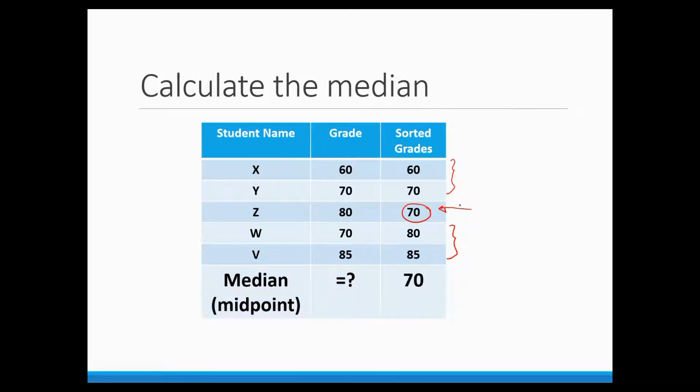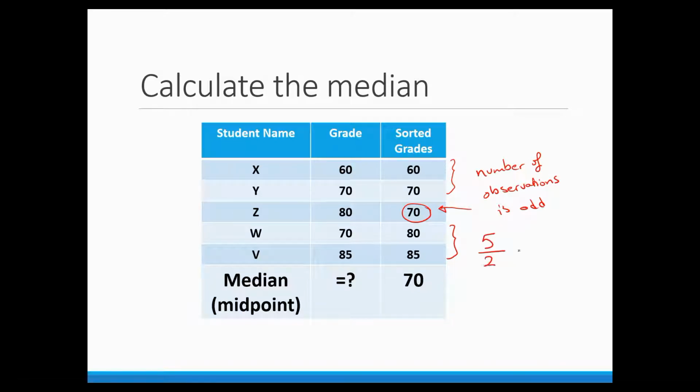This example refers to finding the median in the case where the number of observations is odd. So here we have 5 observations.